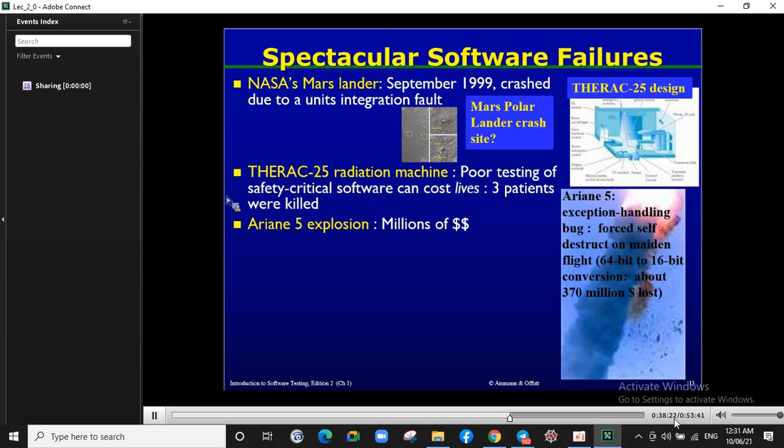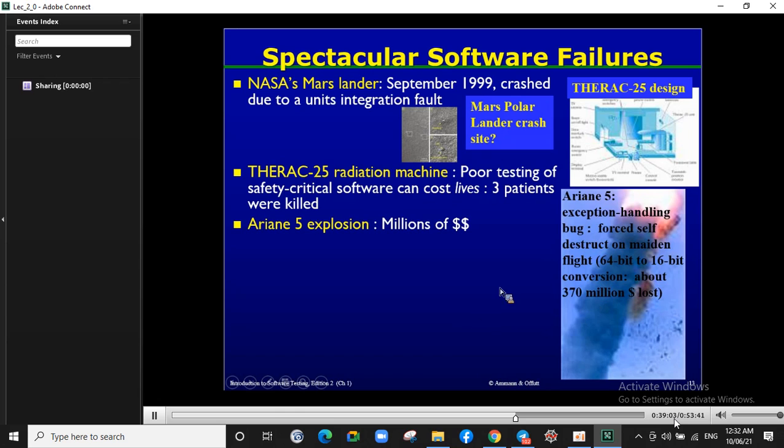In the NASA lander, the software failure caused crashes due to a unit integration fault. The software failure in Ariane 5 led to an explosion just after flying because of a bad digit conversion, and caused a $320 million loss.